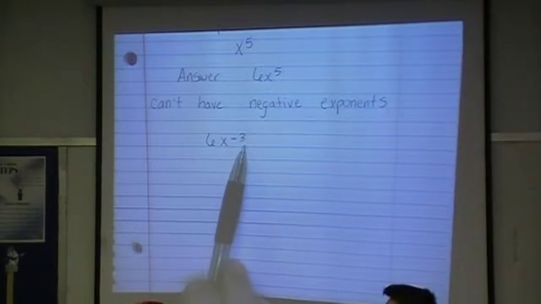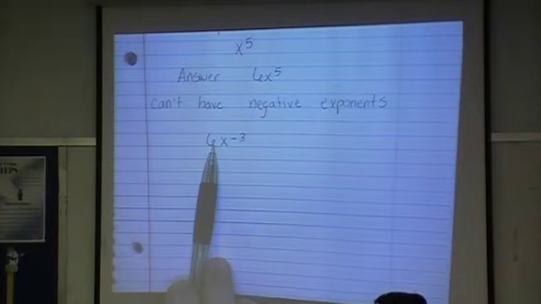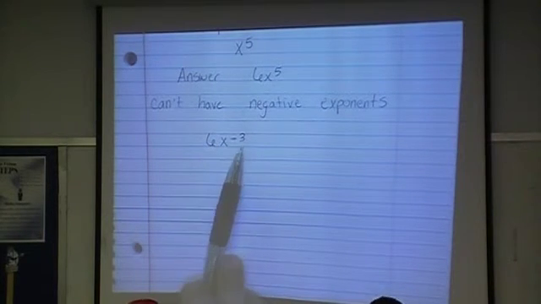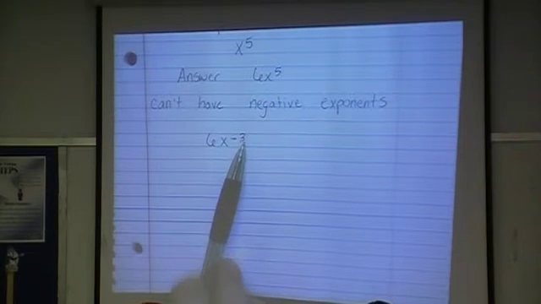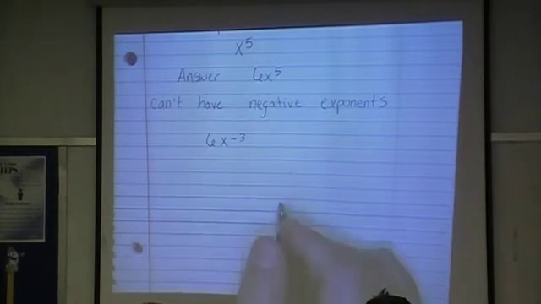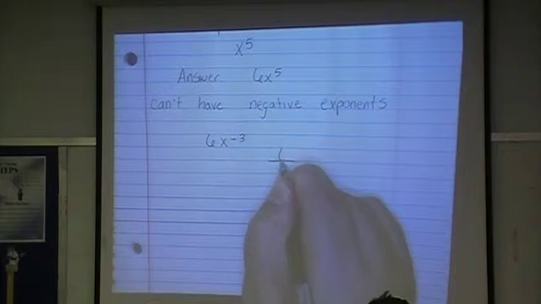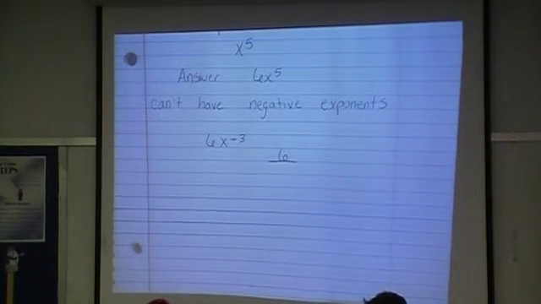The x can move without the 6. I multiplied my whole numbers. I added my exponents. In order to get rid of this negative exponent, I'm going to leave the 6 right where it's at. I'm going to turn it into a fraction. It's called the multiplicative inverse property. You don't need to know that, you just need to know how to fix it.